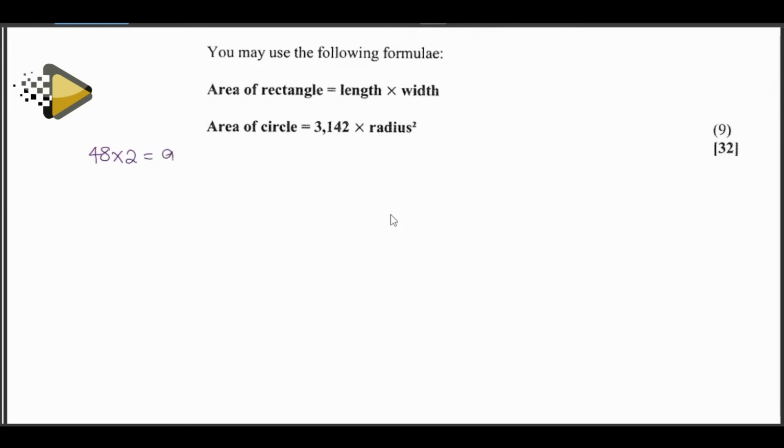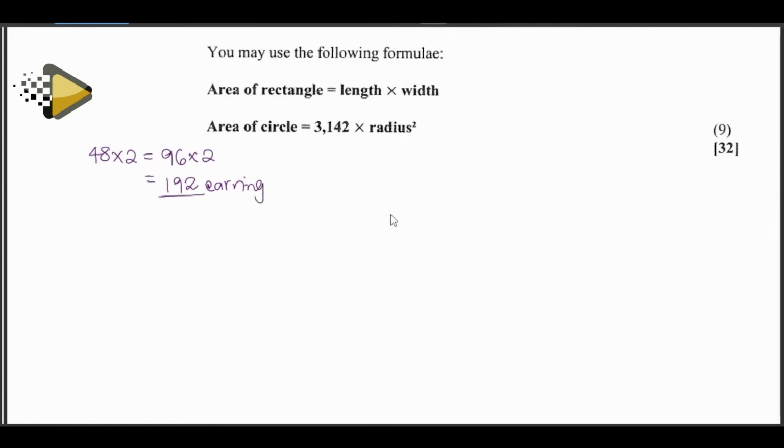So in all, she's going to make 96 earrings. These earrings are going to be faced twice, so we also multiply by 2 again because the area is going to be covered twice. So this is 192. These are earrings that I'm looking at.